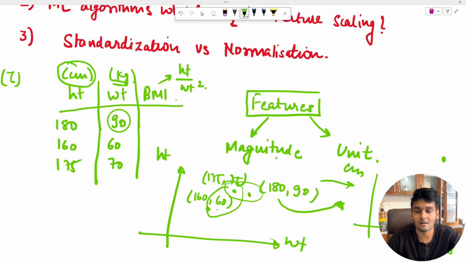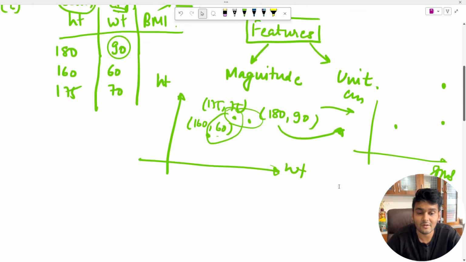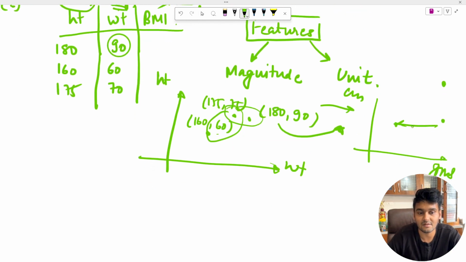And there are a lot of algorithms which are based on Euclidean distance, right? What is the distance between the two points? Just like we have k nearest neighbors, then we have k means clustering. These are the algorithms which are dependent on Euclidean distance. So if the Euclidean distance is more, it will take a lot of time for these algorithms to converge and create a model, and it will not be faster.